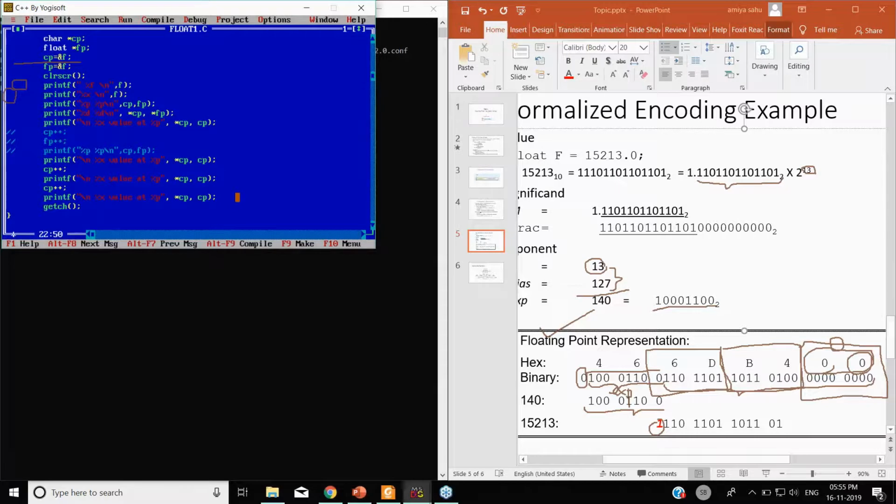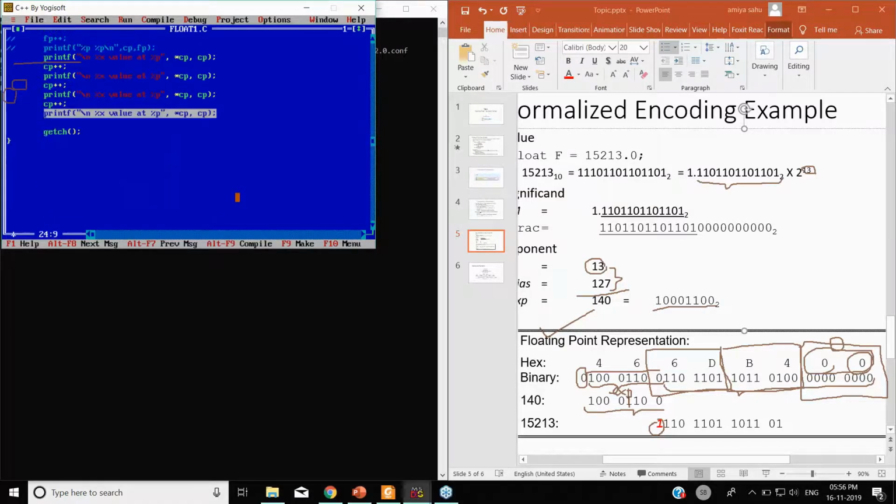We increment the pointer further with CP++, then I can print it. So we copy the printing by using Ctrl+Insert, and paste it using Shift+Insert. Yes, it's been printed.